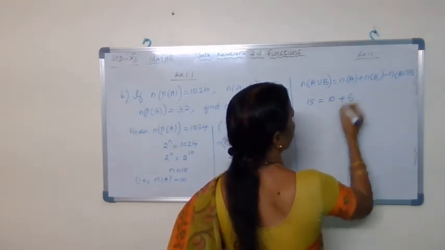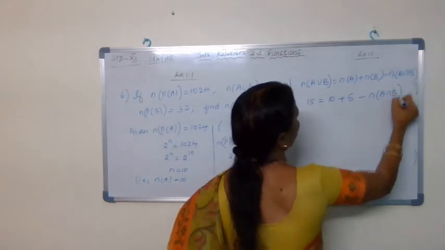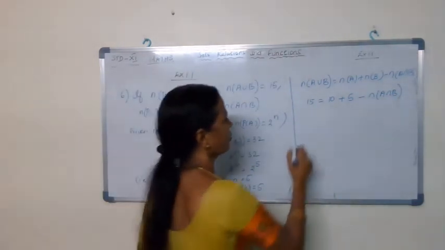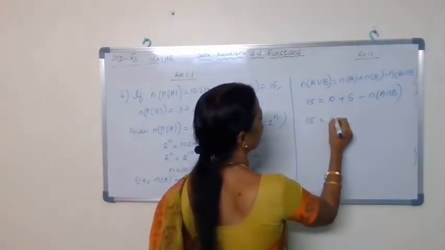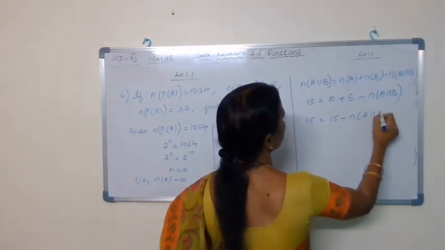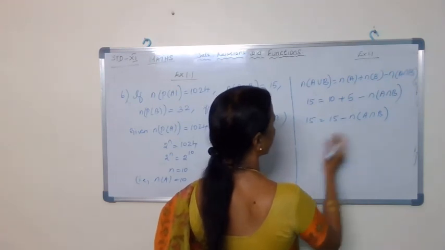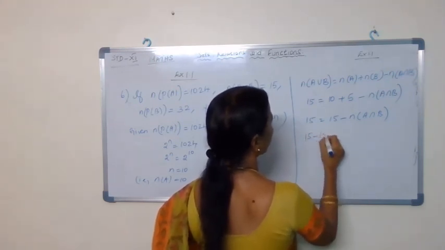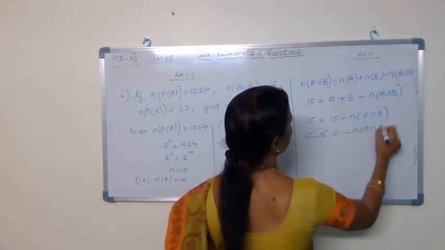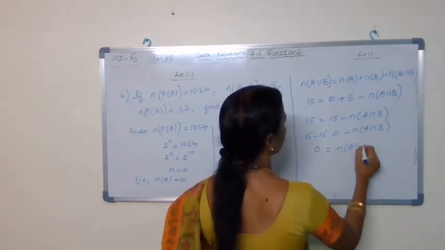So 15 equals 10 plus 5 minus n of A intersection B. What value do you have to find out? n of A intersection B. Therefore, 15 equals 15 minus n of A intersection B. Taking 15 minus 15, we get 0 equal to minus n of A intersection B. Therefore, n of A intersection B is equal to 0.